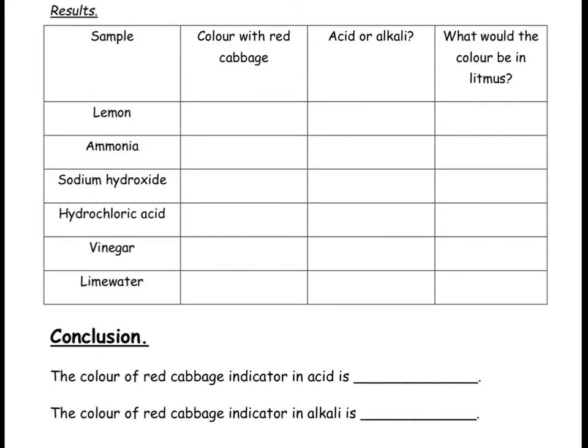I'd like you to watch really carefully, and write in the colour that each substance turns with the red cabbage indicator. For now, ignore the last 2 columns. We'll come back to that after we've watched Mrs. Cummings' video. As you're watching carefully, copy your results table in first, and then write in the colour that each substance turns with this red cabbage.